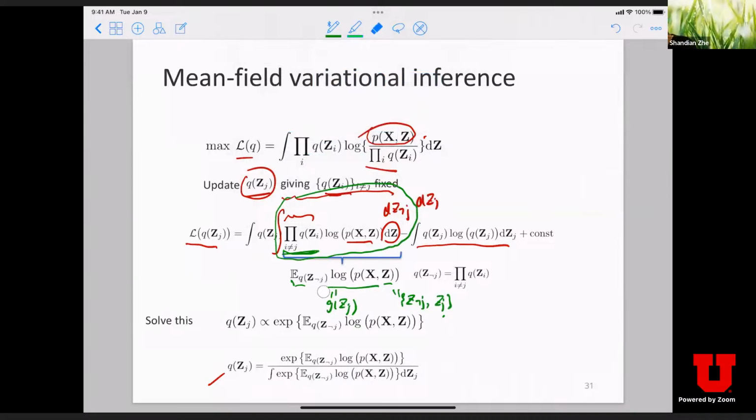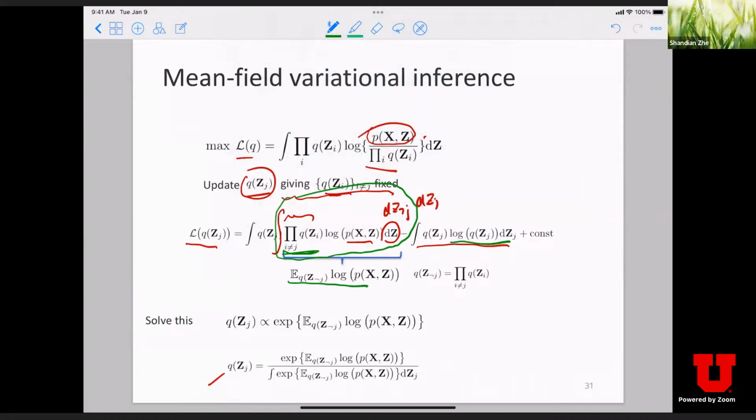Okay. So now look at this intermediate result. We want to merge these two terms all together again, to make it easier to deal with. How can I do that?